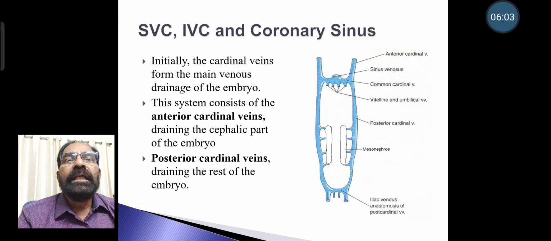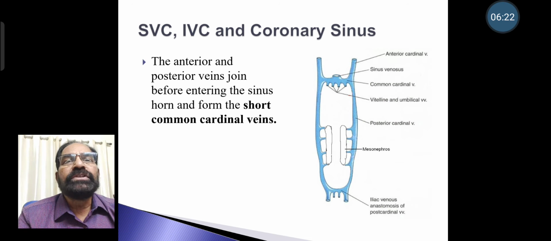Initially the cardinal veins form the main venous drainage of the embryo. This system consists of anterior cardinal veins draining the cephalic part of embryo and posterior cardinal veins draining the rest of the body. The anterior and posterior veins join before entering the sinus venosus or sinus horn and form short common cardinal veins.